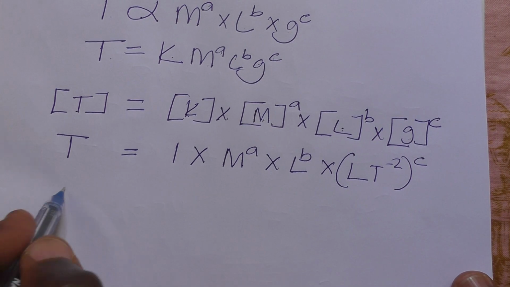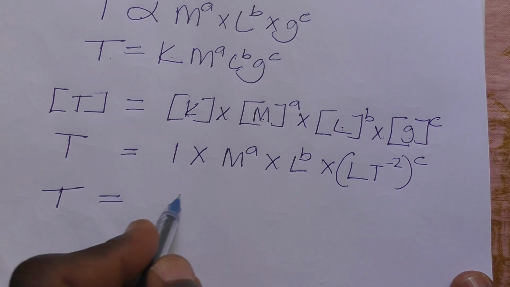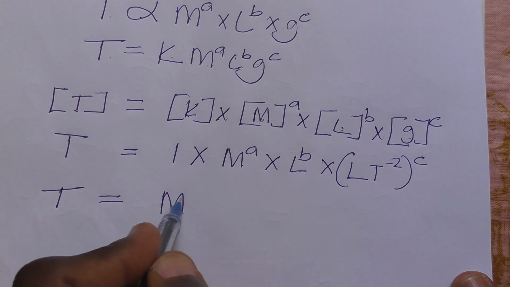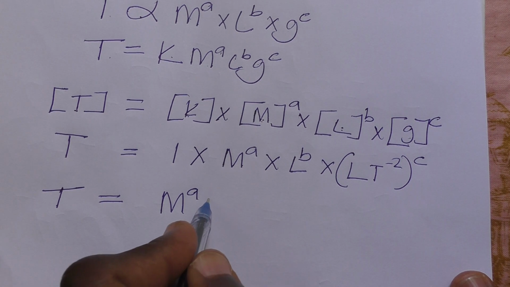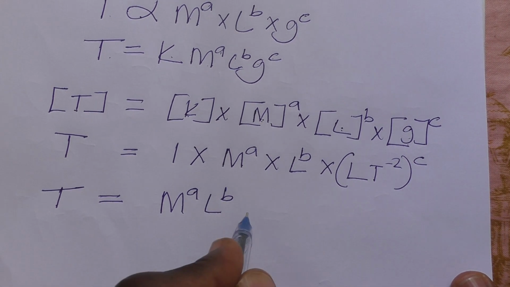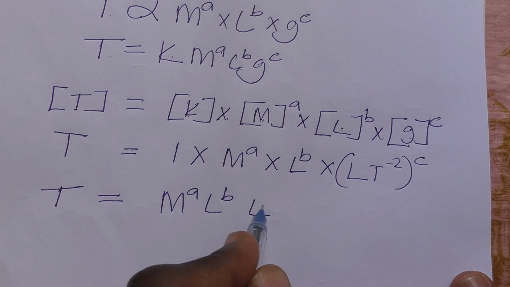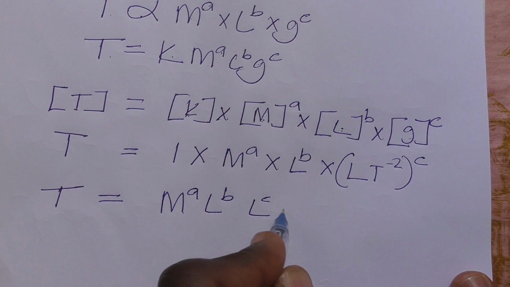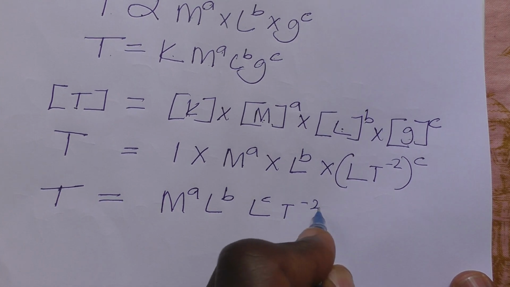And therefore, we simplify: this will be M^a, L^b, then L^c, T^(-2c).